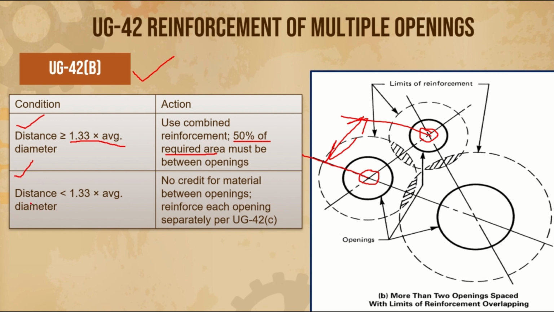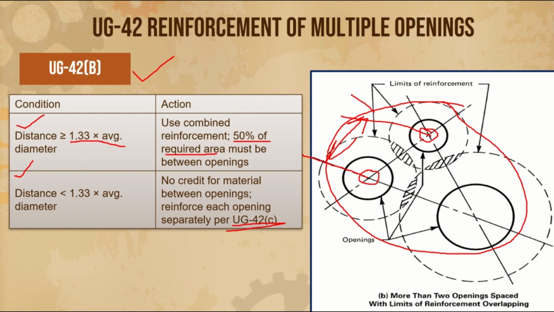And the next condition is if the distance between two centers is less than 1.33 times the average diameter of the two openings, then we need to follow UG-42(c). So UG-42(c) says that we need to assume one opening that encloses all the openings, guys. That means we need to draw one opening which will cover the three openings, guys, in the SolidWorks model.